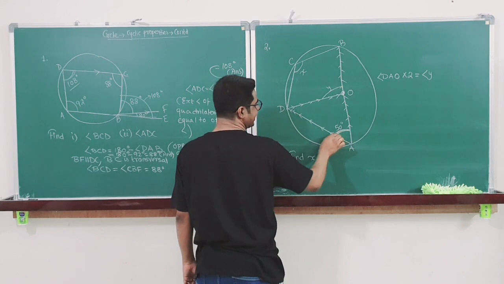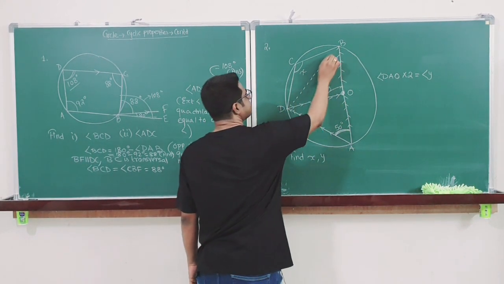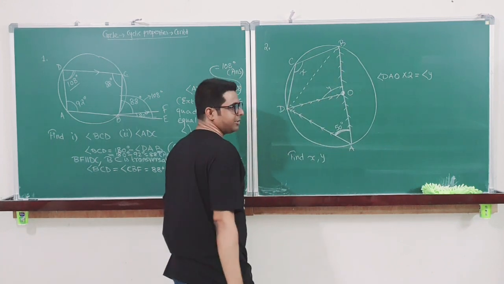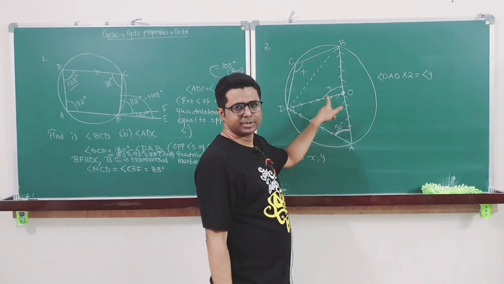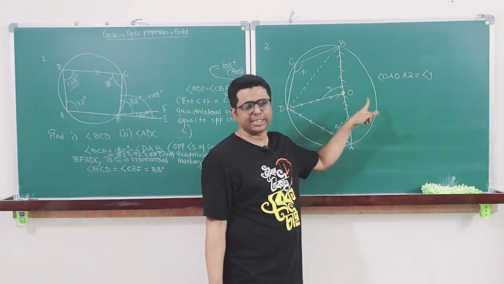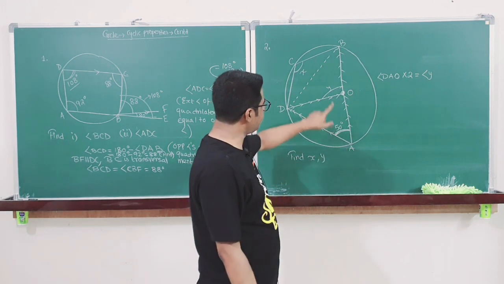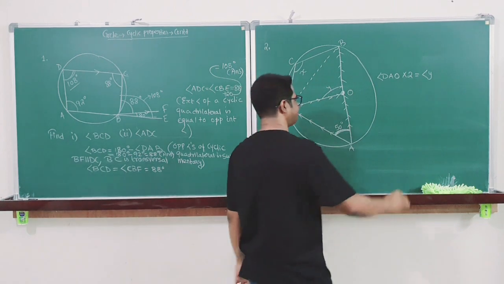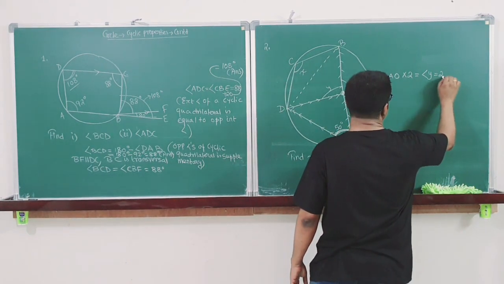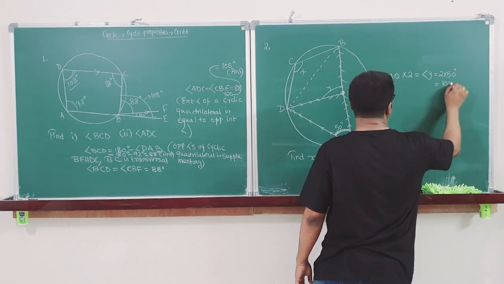This angle is coming from chord BD or arc BD. From the arc BD, the angle at the center is Y, and we know angle at the center is twice the angle at the periphery. So if this is 50, this will be 100 degree. So angle Y is 2 into 50 degree, that is 100 degree.